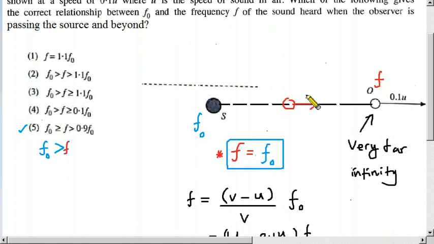If it is moving away, the frequency heard, the apparent frequency heard by this observer, must be smaller, less than the original frequency, the real frequency. So that is why we consider this term as smaller than f naught, and also equal, less than and equal, both.